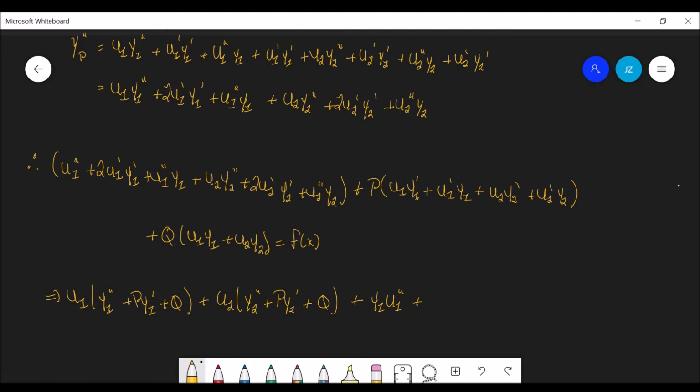So instead of writing 2 u1 prime y1 prime, I'll write u1 prime y1 prime plus y2 u2 double prime plus u2 prime y2 prime. And there's a reason for that.